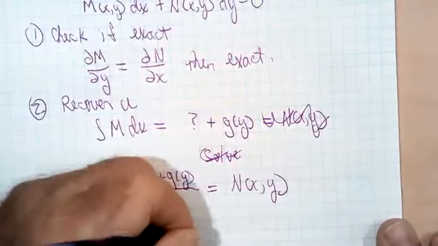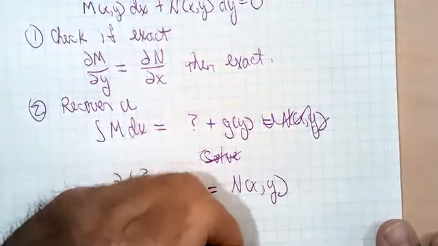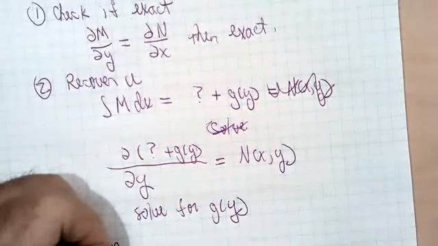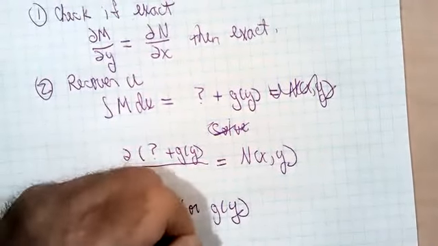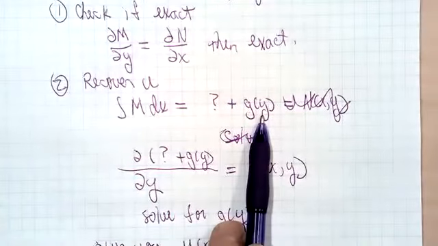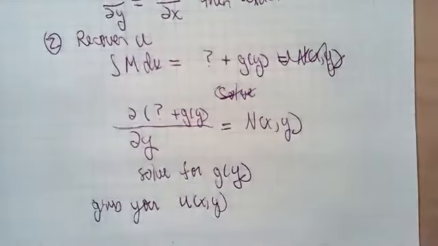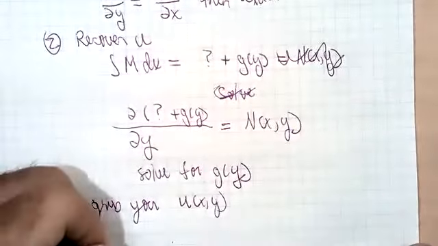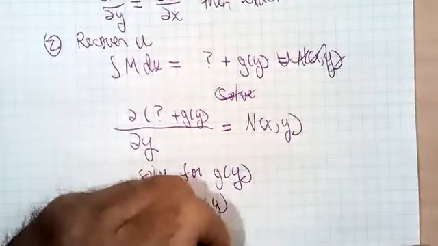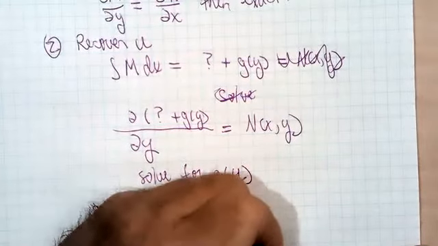Solve for g of y, and that gives you the function u of x and y. You knew it up to any piece that just had y's in it, or constants. And then u of x,y equals k solves the original ODE.